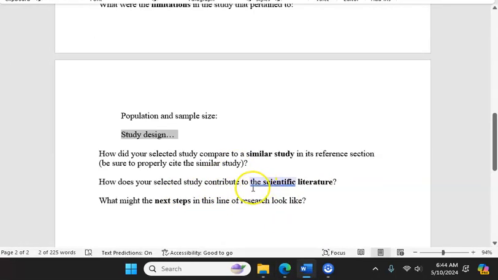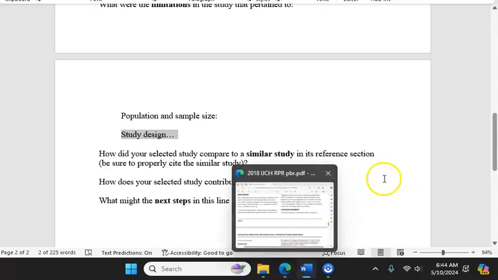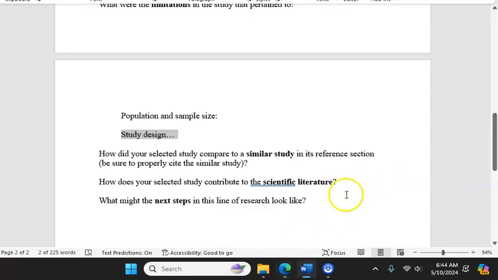And how does your selected study contribute to the scientific literature? If nothing else, it adds to existing data that is out there. And you could mention in what particular way. In my study, I'm adding to literature on outcomes studies, outcome of resting heart rate in this case, and what might the next steps be.